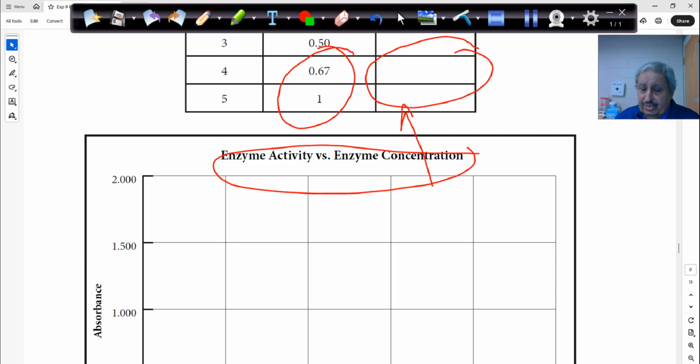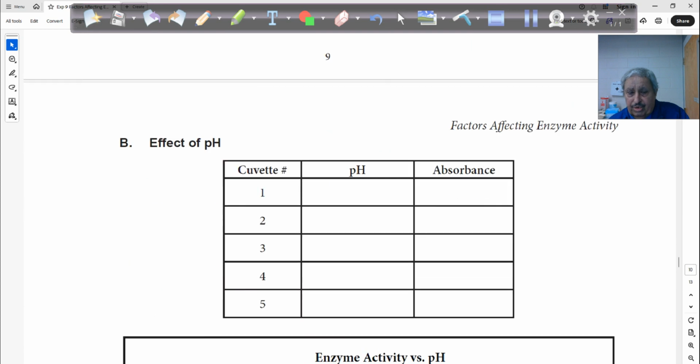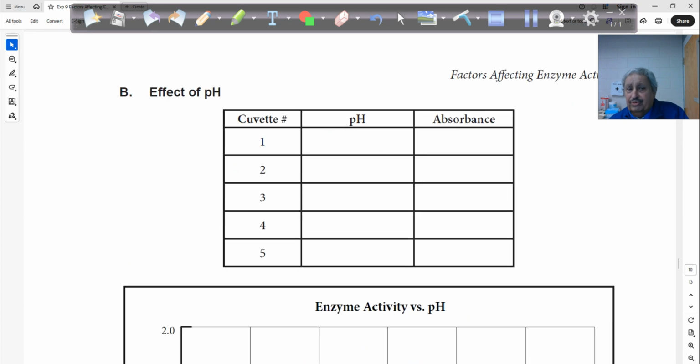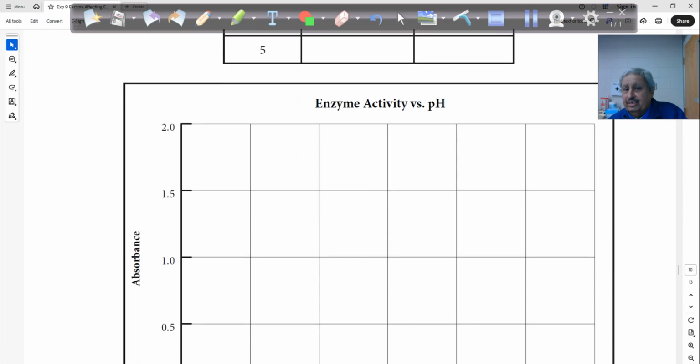Concentration versus absorbance, correct? So that's the first one. The second one, the pH, will come here. You record the pH, correct, for the 5 test tubes, correct? And you will do what? You will do the curve.